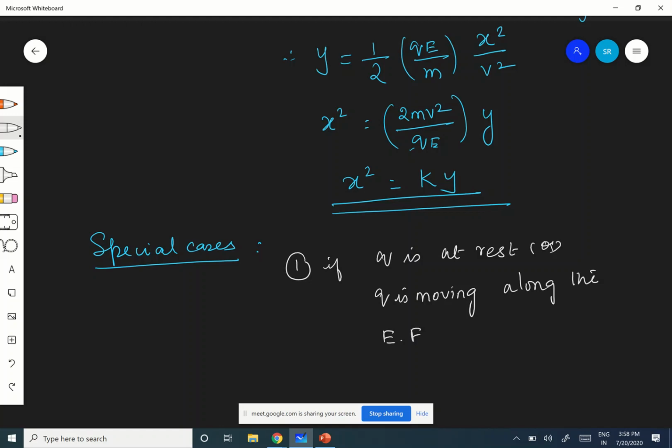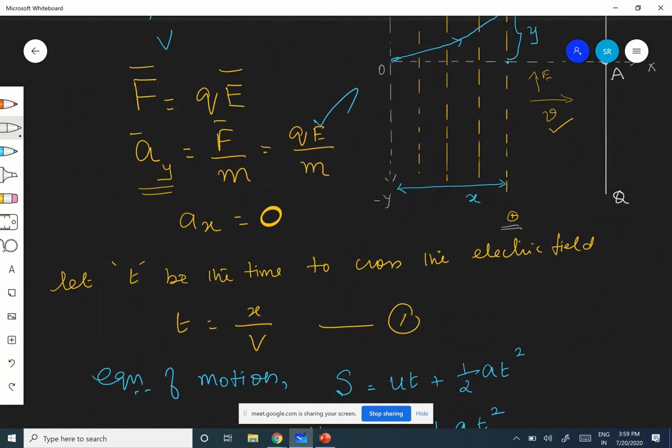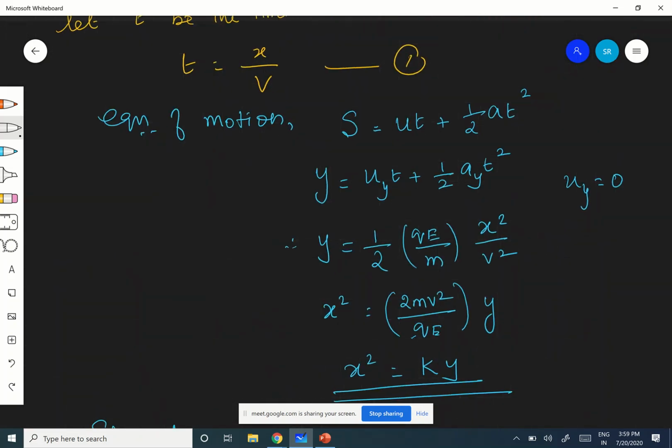See, either Q is at rest or Q is already moving along the electric field while you are applying it. It is a special case. Initially, either the charge is at rest, or the charge is moving in the direction of the electric field itself. Not like the case we have discussed, where initially the charge is moving along the x direction. Now, in the special case I am giving, what is that?